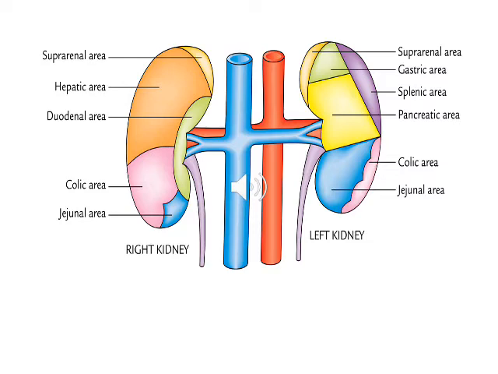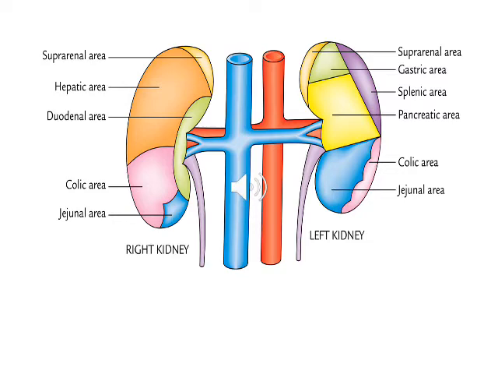In the left kidney, the blue colored area is the jejunal area, which is occupied by the jejunum. The pink colored area is the colic area. It occupies the descending colon.